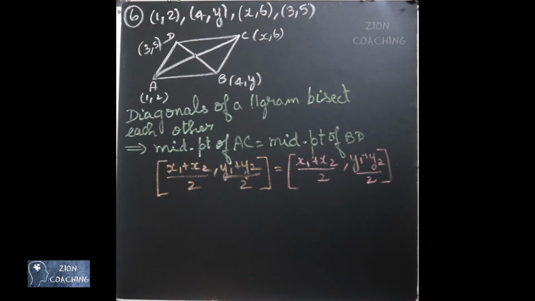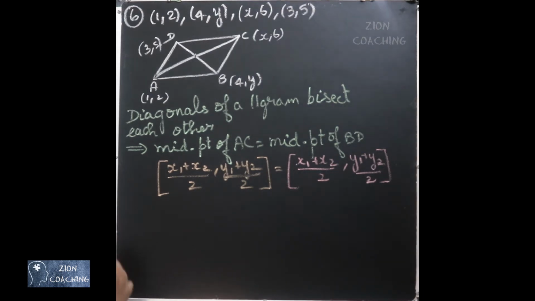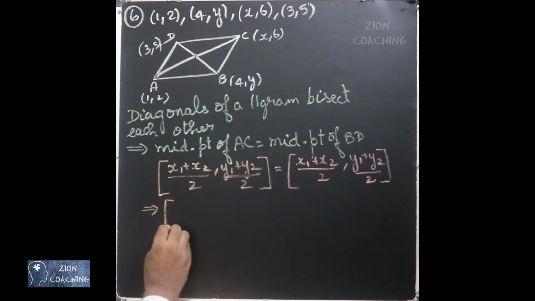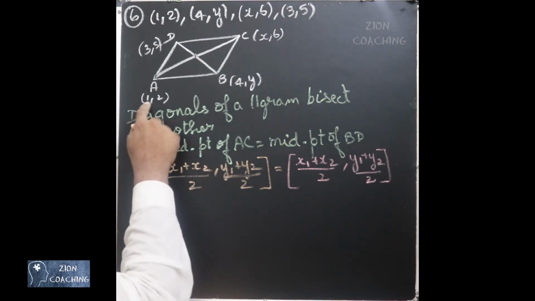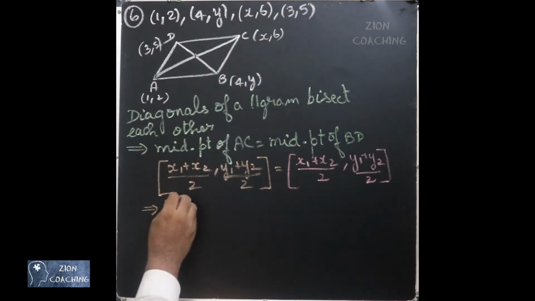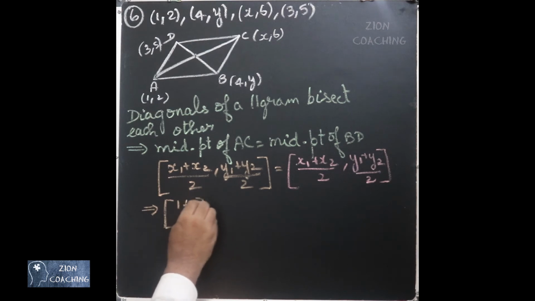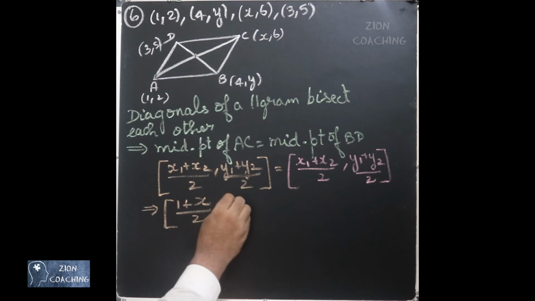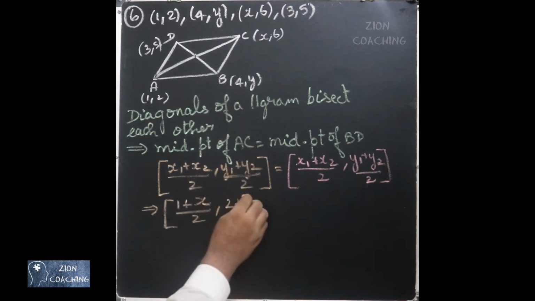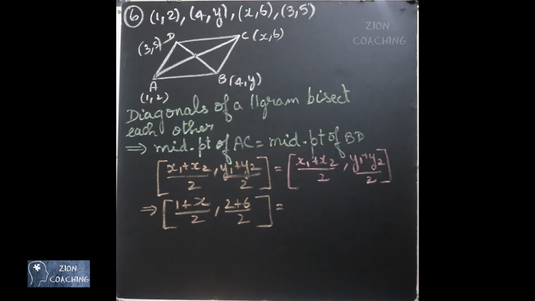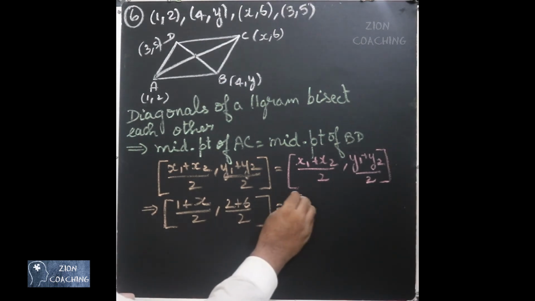Now we are going to substitute the values. When you take AC, this is your x1, y1 and this is your x2, y2. So x1 is 1, x2 is x, divided by 2, comma, y1 is 2, y2 is 6, divided by 2. That is going to be equal to that side.